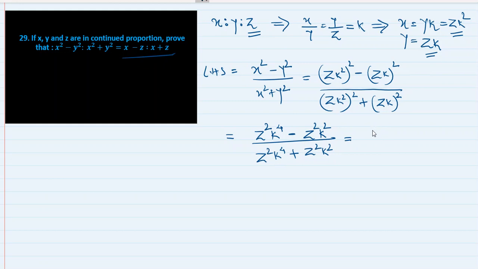Let's take out z square k square common and you are going to be left with k square minus 1 upon, here also I think z square k square will come out common and we'll be getting k square plus 1, correct? So I'm getting k square minus 1 upon k square plus 1 as LHS. What about RHS? Because I'm not getting LHS equal to RHS, I'm getting something else over here.